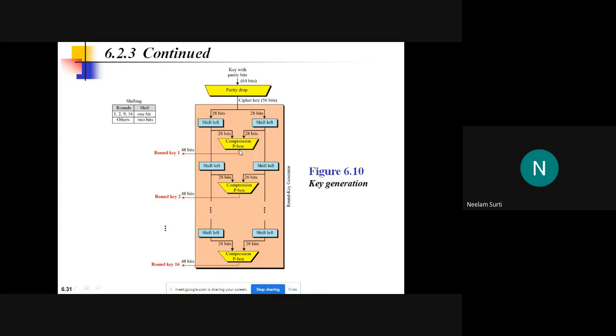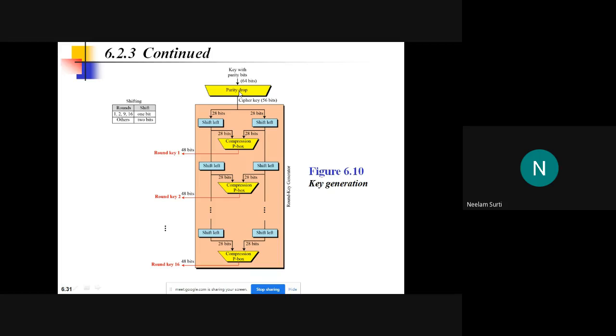Now the compression P box is arbitrarily dropping 8 bits, because once you convert 56 to 48 bits, 8 bits are to be totally ignored. In the case of parity drop, it is fixed that only the last bit, bit number 8, 16, 24, 32, this type of last bits, are dropped.